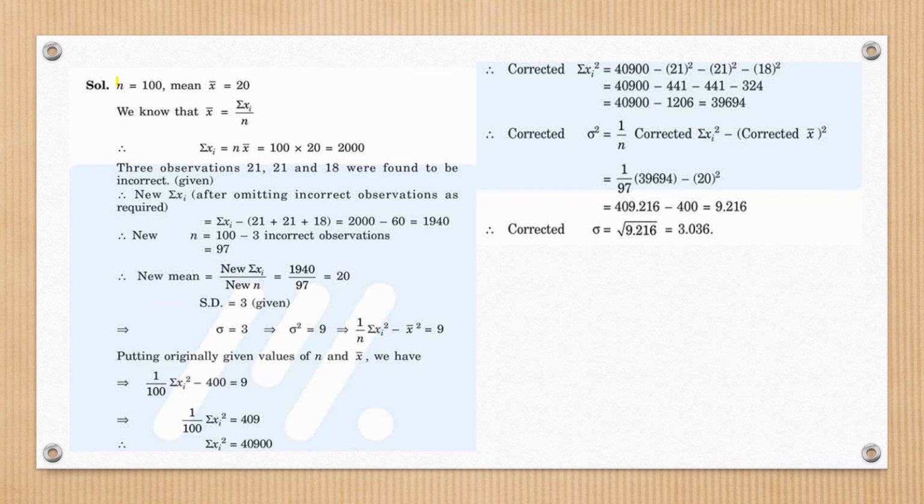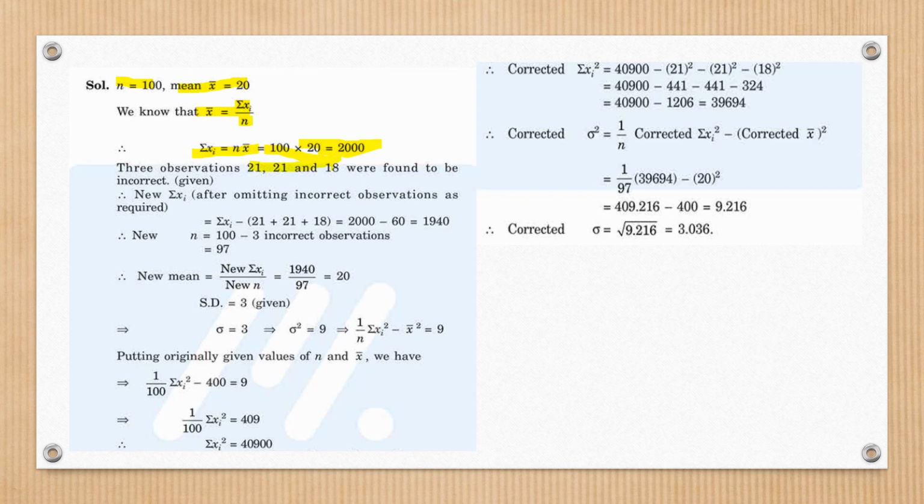My n is 100 in this case, my mean is 20. So summation xi is n x bar, which is 100 into 20, that is 2000. The 3 observations which are wrong are 21, 21 and 18.